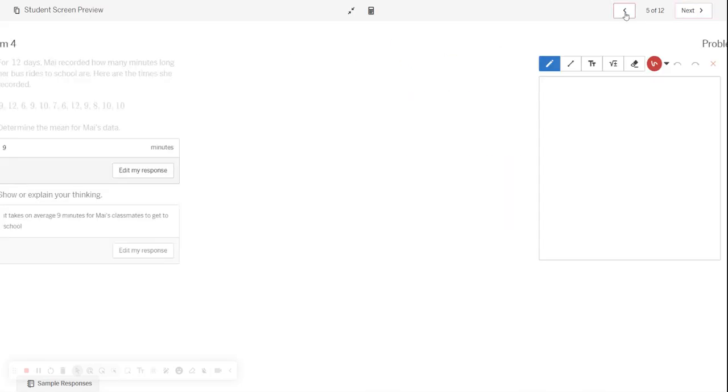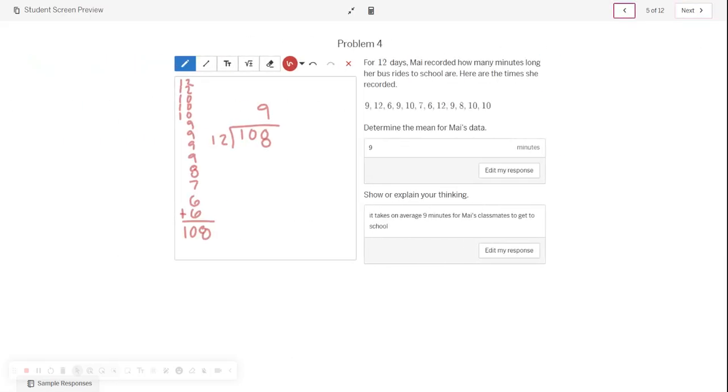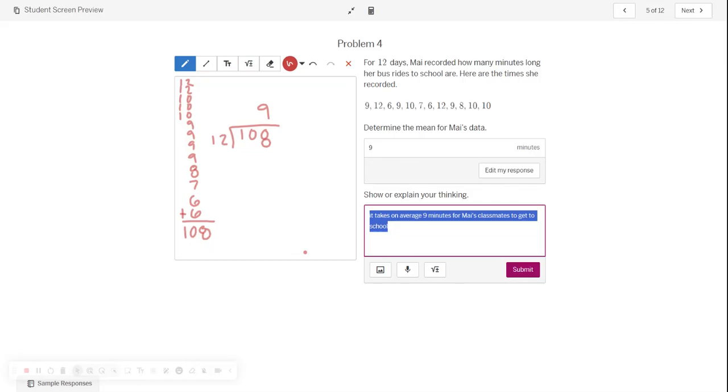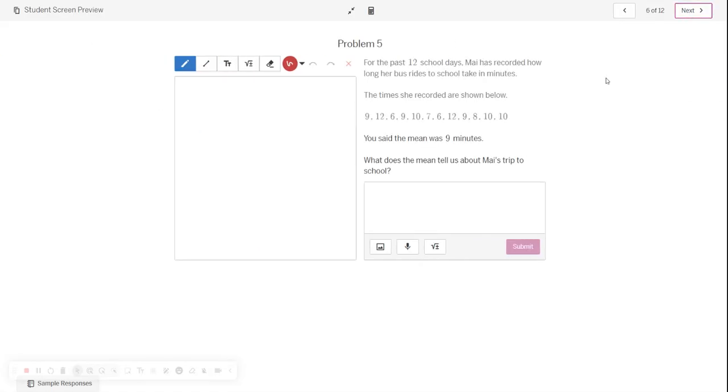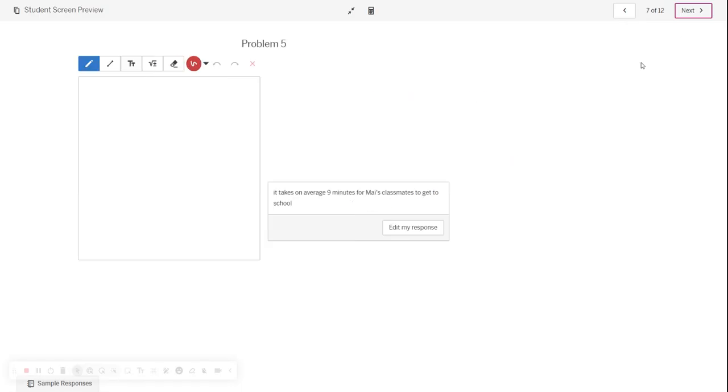I thought I already answered this one, sorry. I'm just going to copy this answer. Control C. And then I'm going to reread this question because it says, what does it tell you about the trip to school? Takes on average, yeah. I think it's the same answer. I don't know why they made that separate problems.